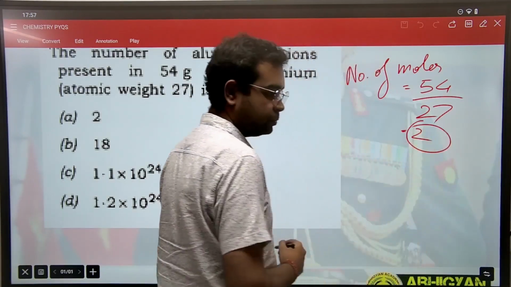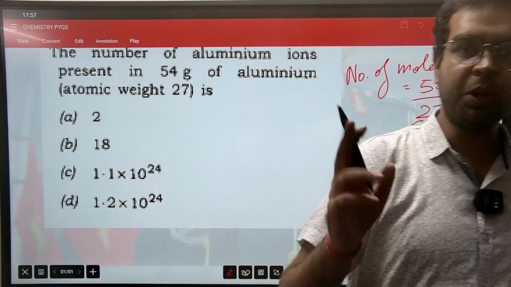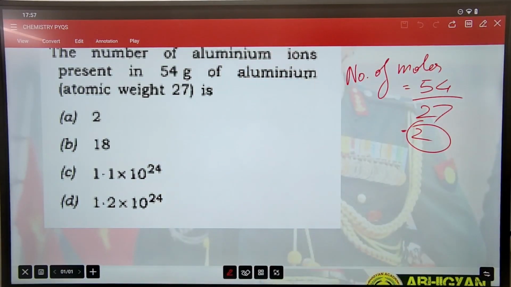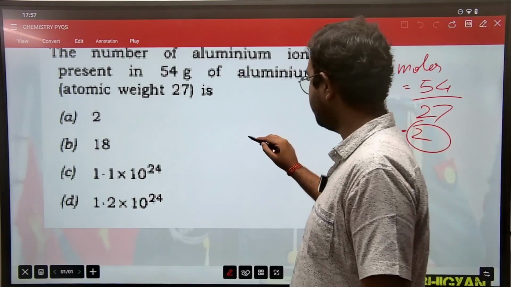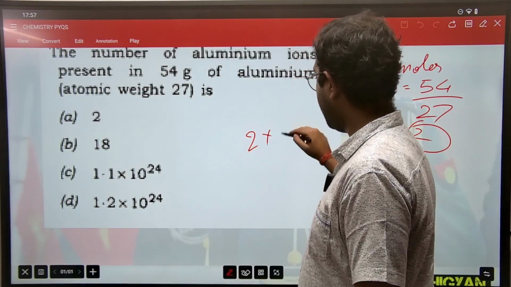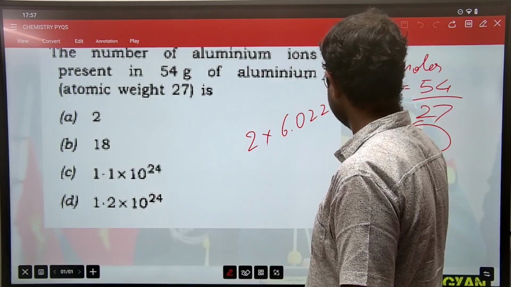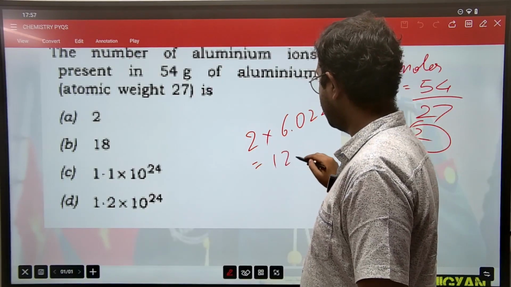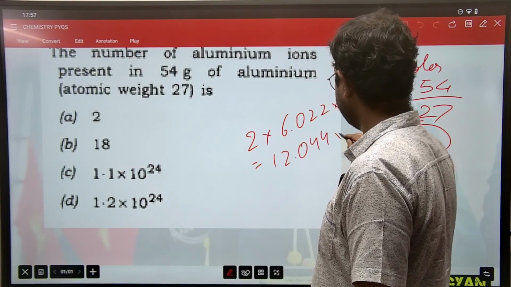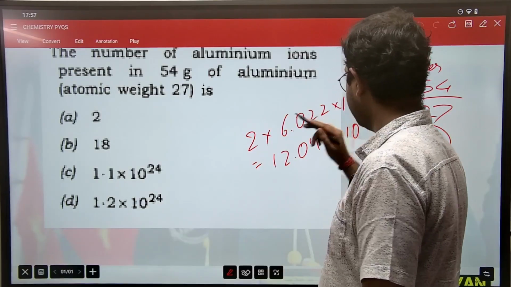There are 2 moles. Now the number of ions, which is the number of particles, is nothing but number of moles 2 into Avogadro's number. Now you get 12.044 into 10 to the power 23.